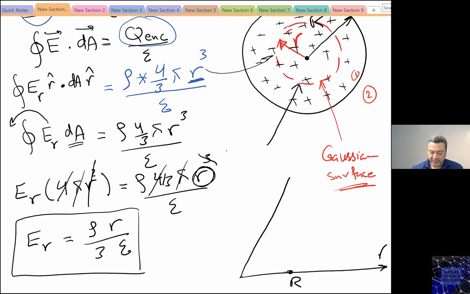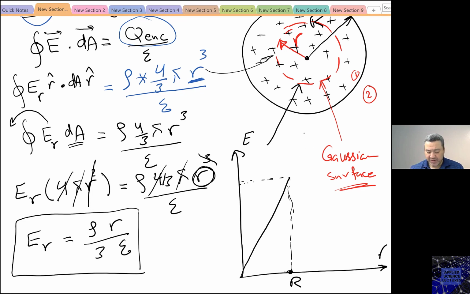The maximum would be right at capital R. Why? Because right at R, my Gaussian surface will be capturing all the charges within this insulator.